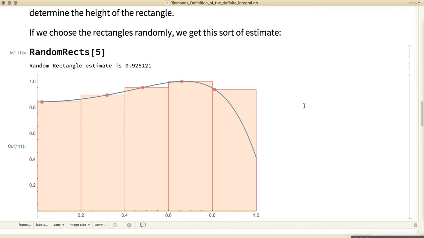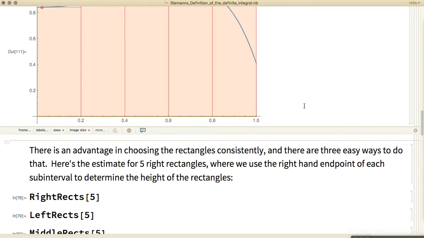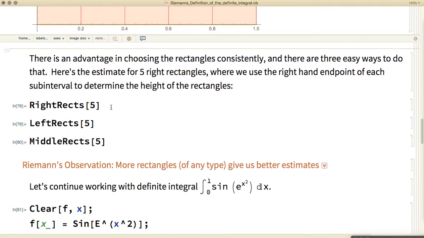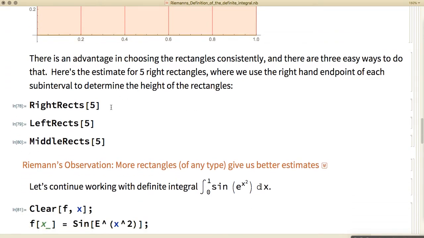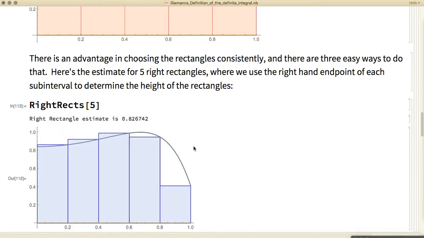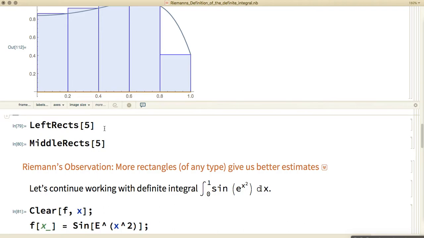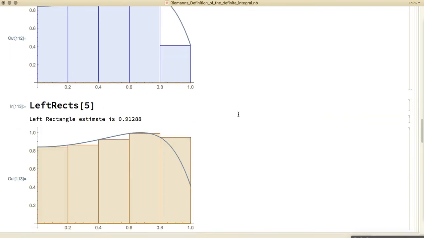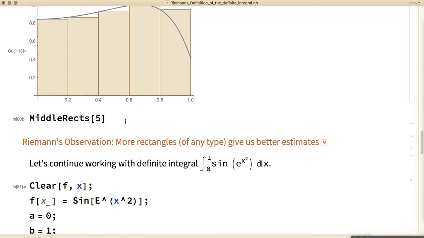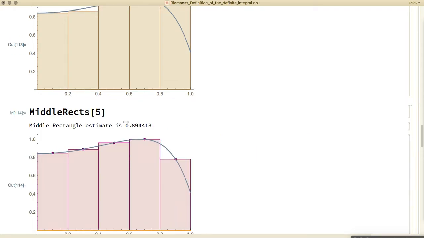Now, there's another idea that I should point out, which is that sometimes systematic ways of picking the rectangles, such as always picking the right endpoint, or always picking the left endpoint, or always picking the midpoint of the interval for drawing the height of the rectangle, these ways of finding the rectangles have their advantages, and you explored those advantages in Lab 2, which was done last week.